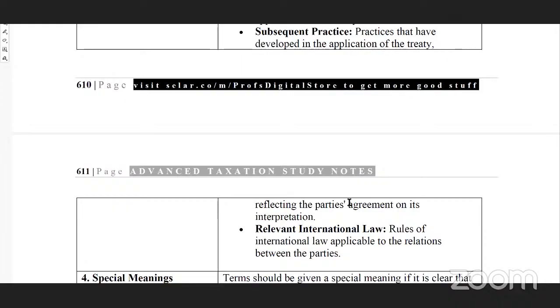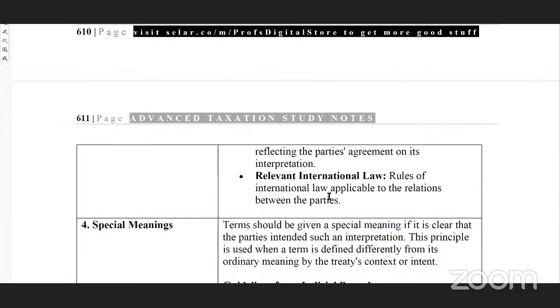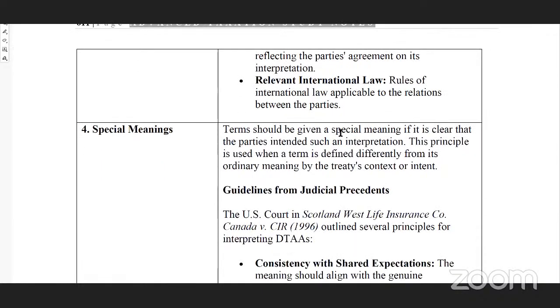So there are so many, but the most important one is what? What we saw. Interpreting in good faith, and then what? The contextual considerations. Then there may be special what? Meanings, right? Terms should be given a special meaning if it is clear that the parties intended such interpretation. So this principle is used when a term is defined differently from its ordinary meaning by the treaty's context or intent.